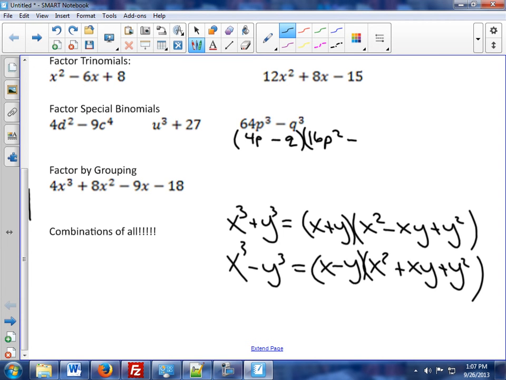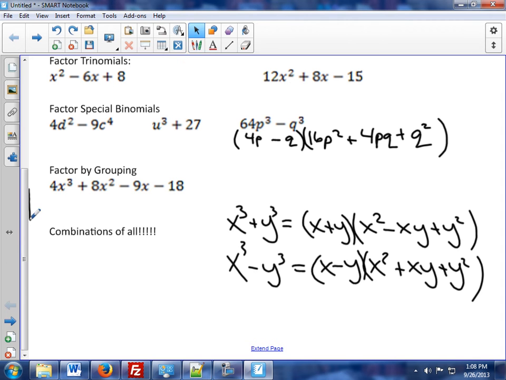That would actually be plus 4p cubed, okay, plus q squared. This is very easy if you know the formulas. And I won't give them to you, you'll just have to know them. All right.